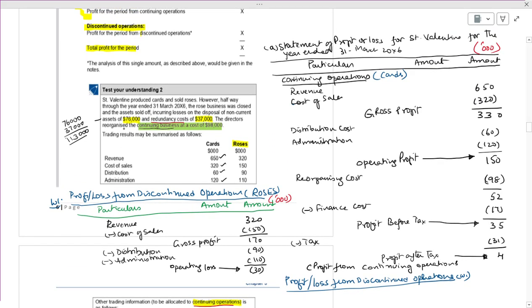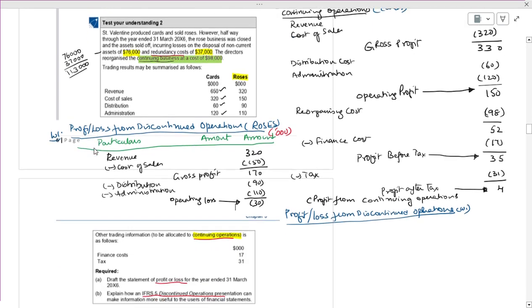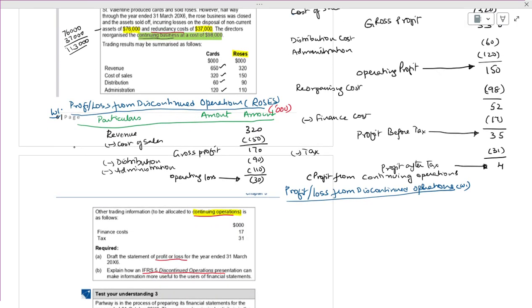Okay. Next. See the thing. There is a loss on non-current assets and redundancy cost. It will add. I am writing NCA. Loss on non-current assets. How much? 76. Redundancy cost is how much?